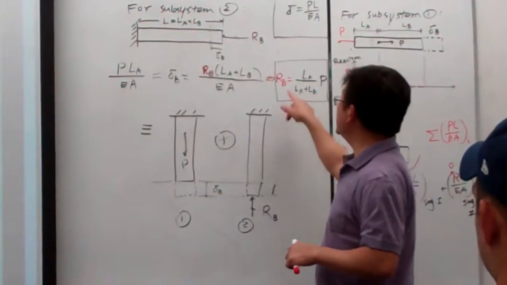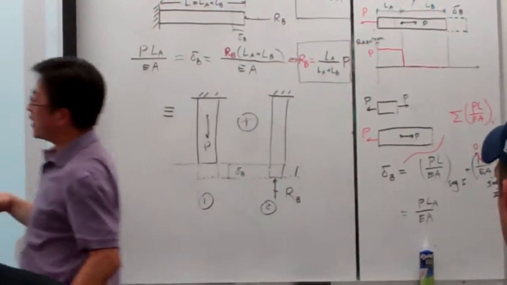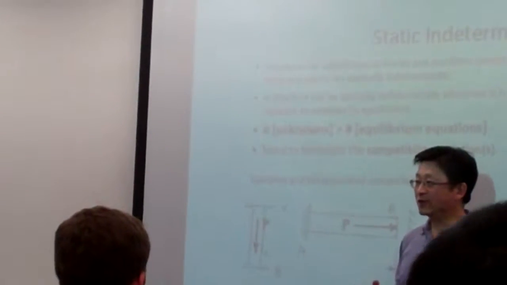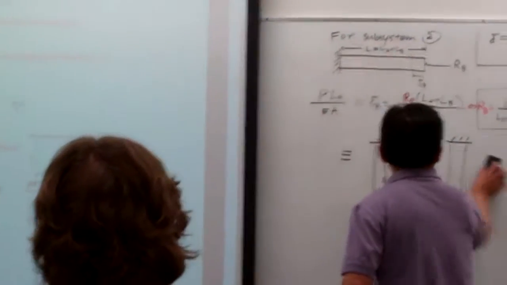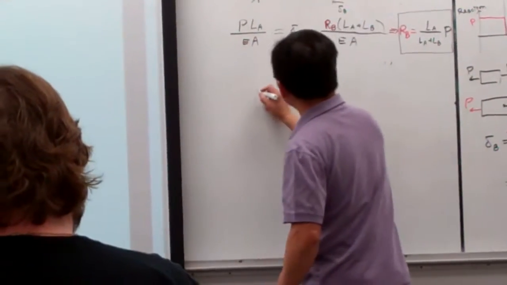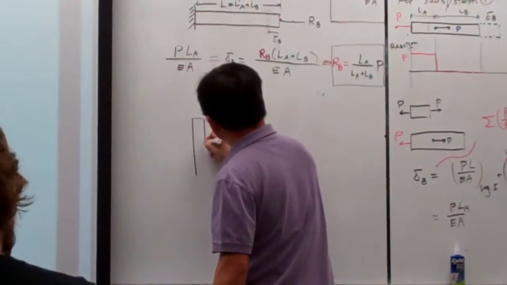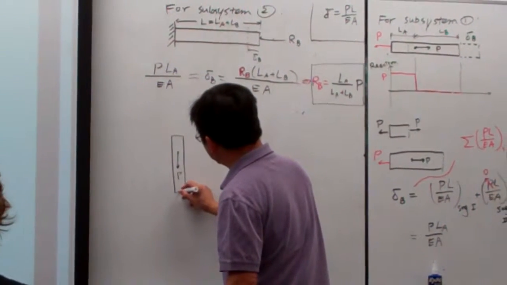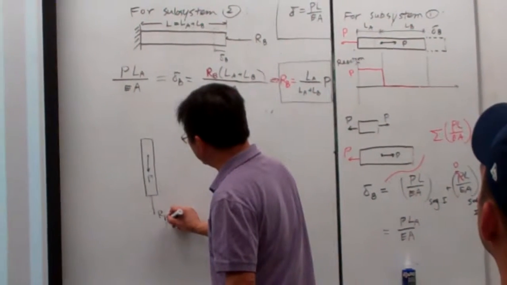Okay. So once we have RB, then what about the direction? Simply we know that RA plus RB equals P, taking the force equilibrium. Then you can quickly calculate RA. So this is P, and this is the reaction force RB we're looking for.